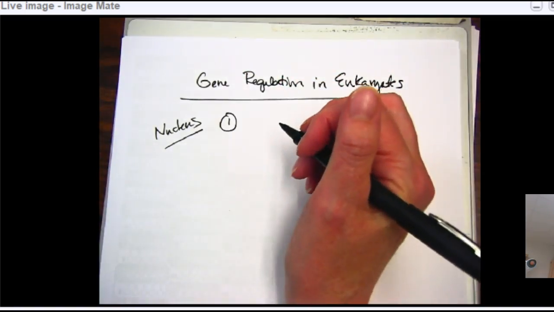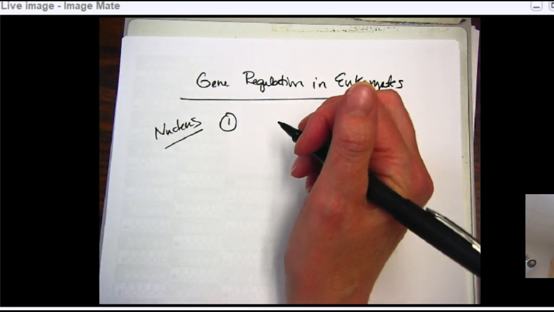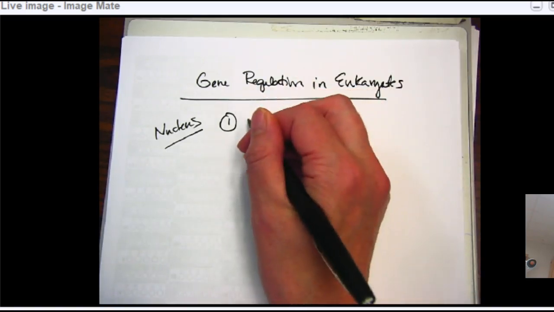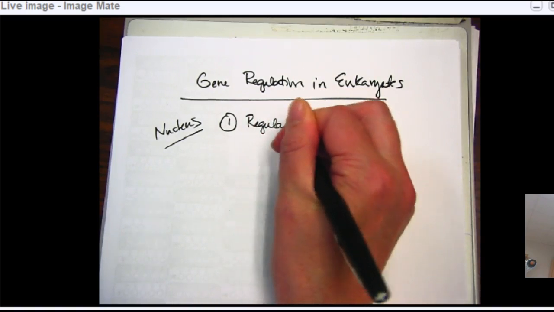So one of the first ways that we can regulate gene expression is just based on whether or not we can have transcription occur. So we can regulate transcription.